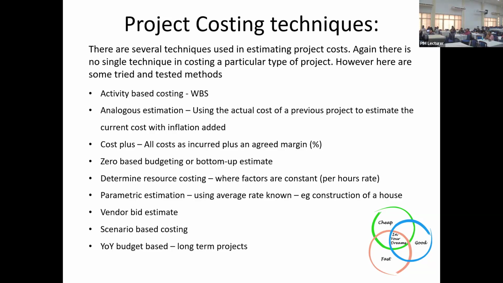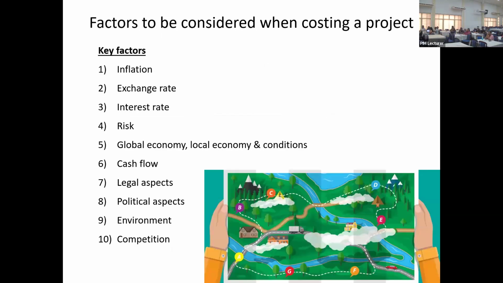Okay, so these are some of the costing techniques, not the only ones. Now, the factors to consider when you are costing are very important. I have given only some of them here. For example, if you look at inflation, when you are pricing a 5-year project, how do you price inflation?